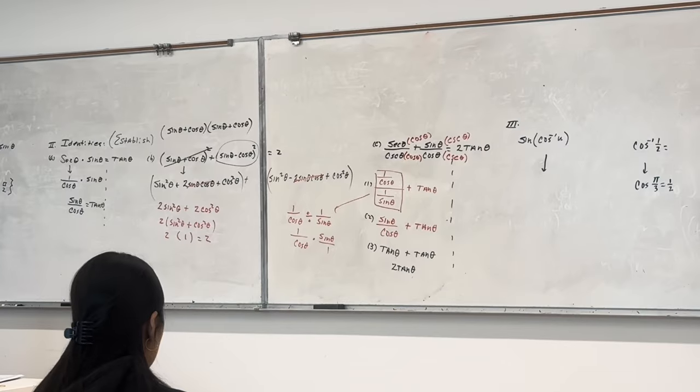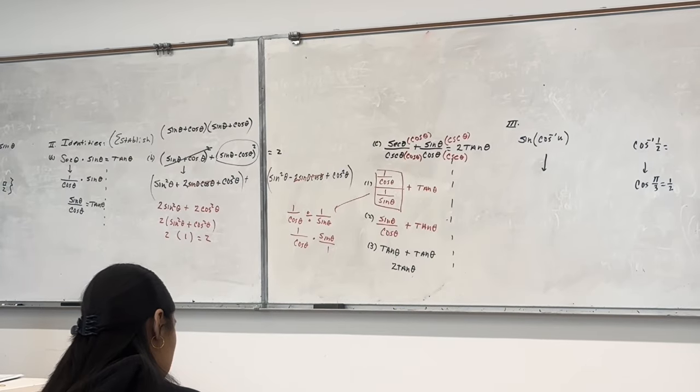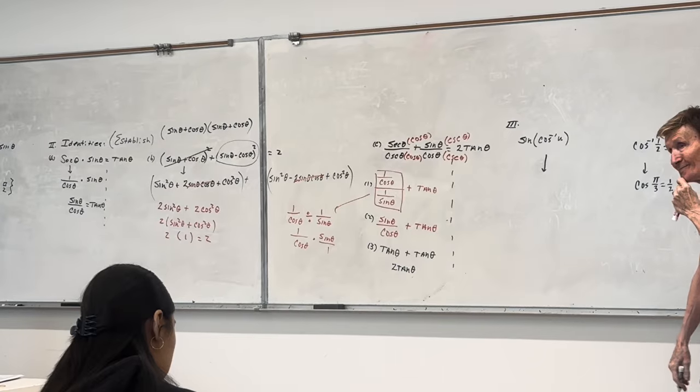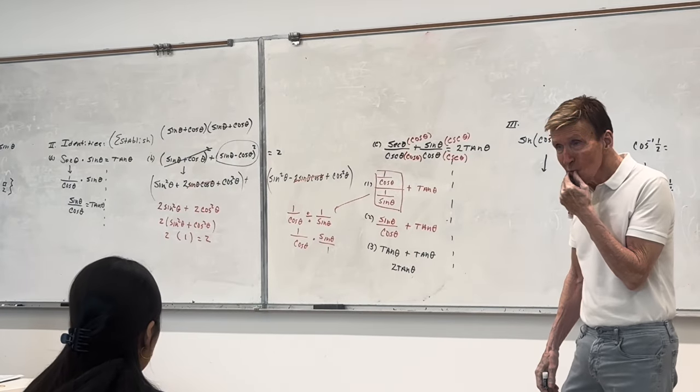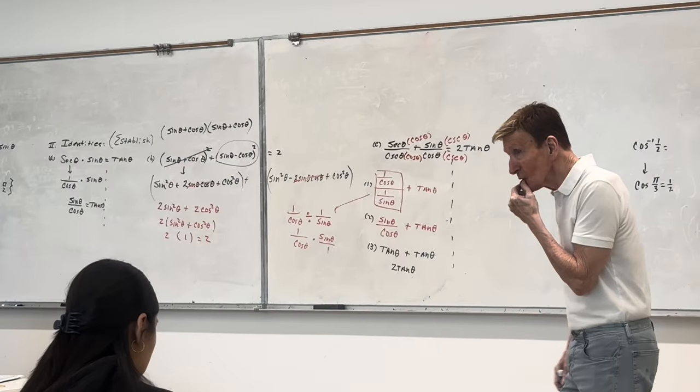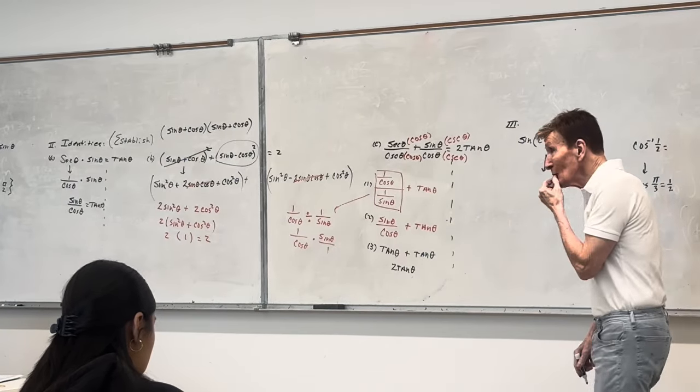Just trying to get you to think a little bit before we close all this down. Inverse cosine u. Okay. Pi over 4. Whoa.